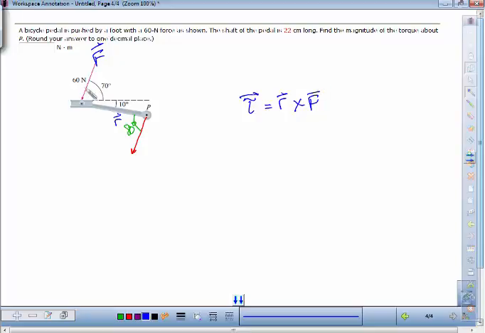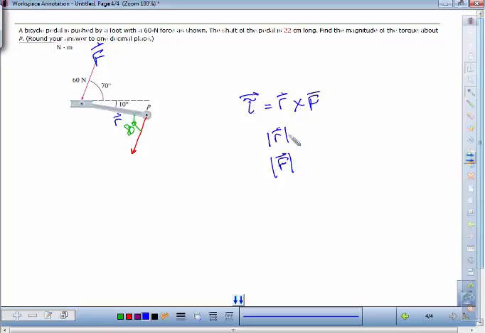We could probably figure out the direction using the sine and cosine business and then figure out the vectors. But if we know the magnitudes of the distance and force vectors, we can easily use the formula for the cross product, where we multiply those two and multiply by the sine of the angle between them.